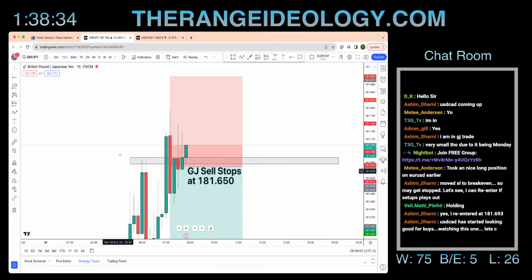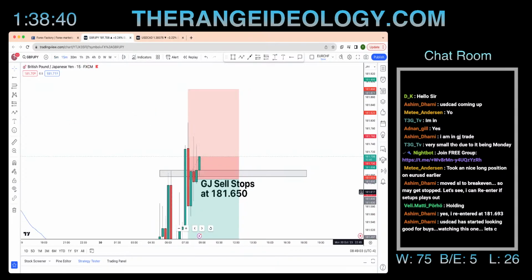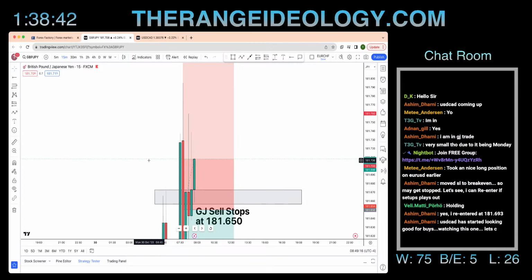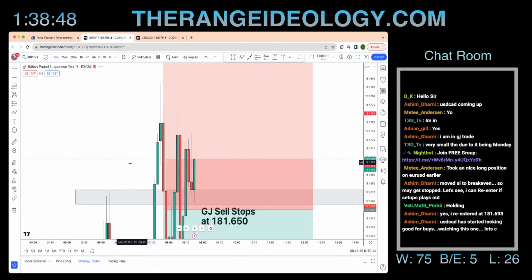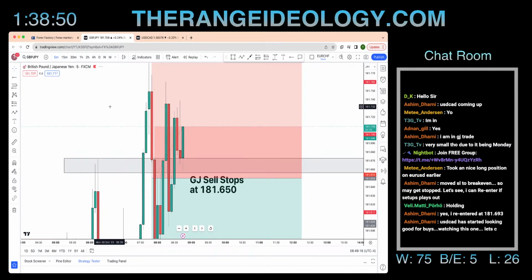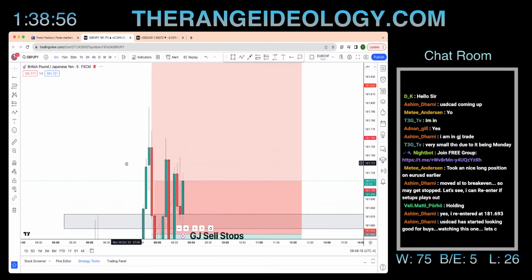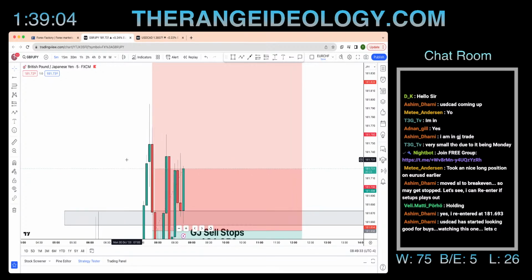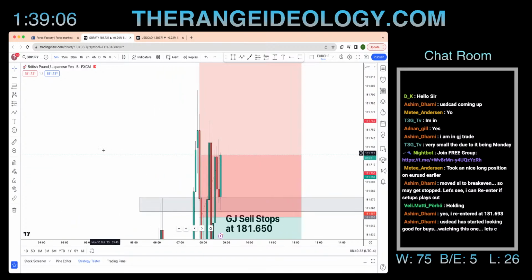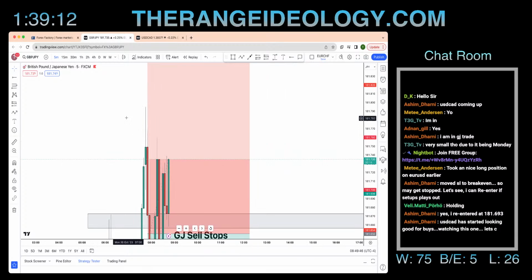Push above again. Wow, look at that push on GJ. All right, come on, GJ. It's dragging this move now. Look at that.